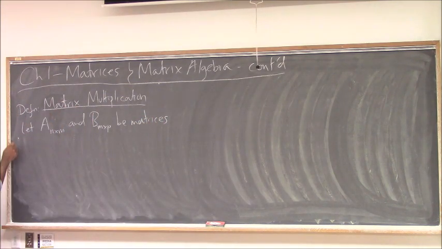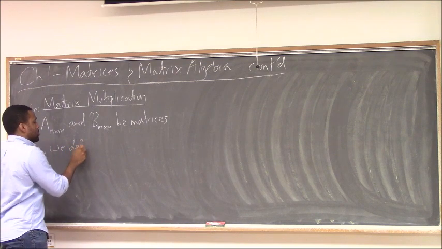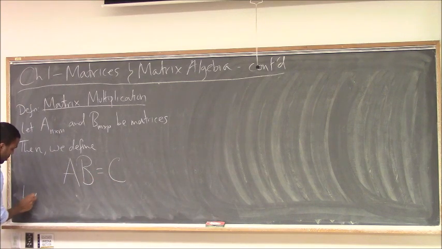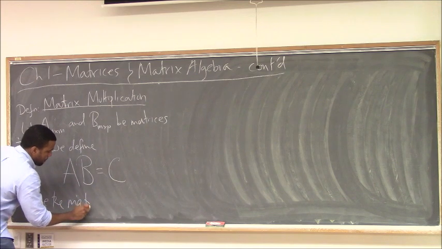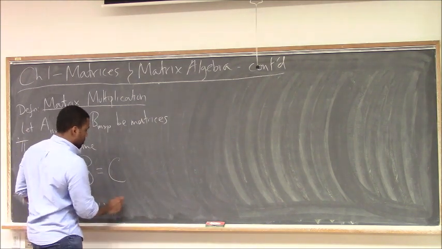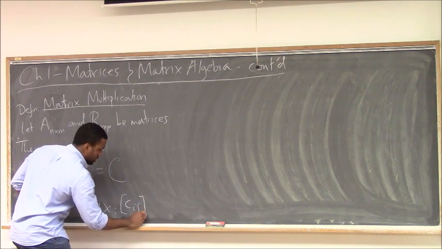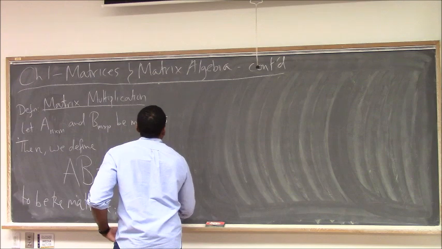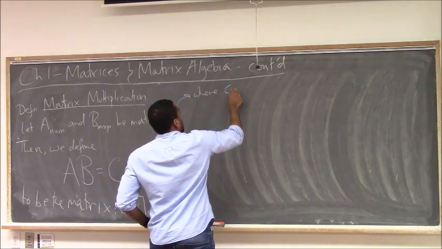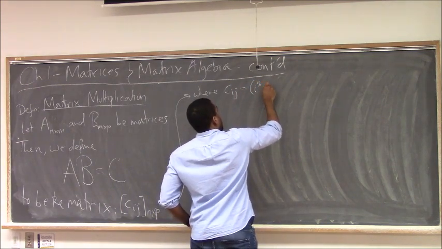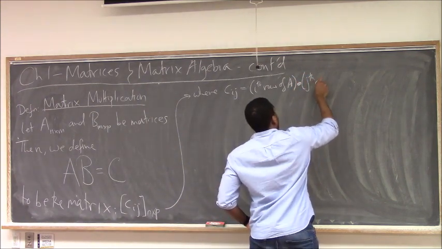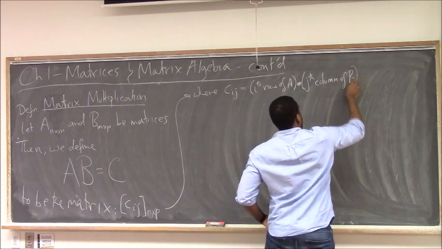Know the dimensions, and we define A times B equals C to be the matrix Cij, and it will be an n by p matrix where Cij is equal to the ith row of A dot product with the jth column of B.